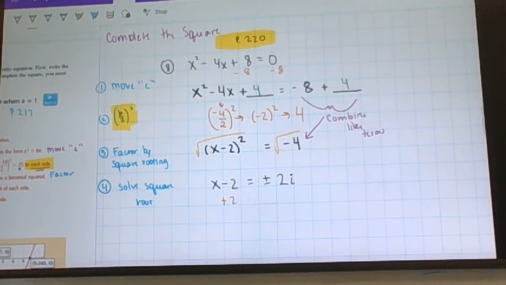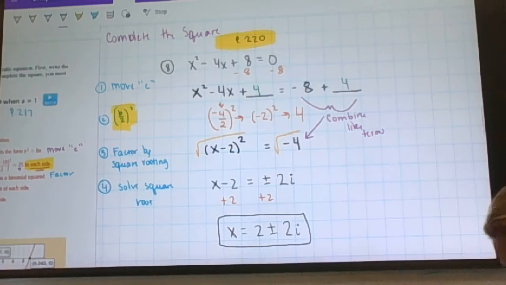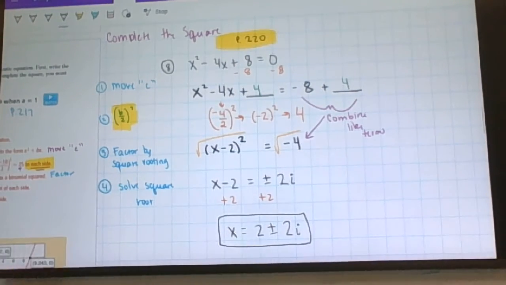Last step to getting x alone. That's it. That's the whole process. That's the whole process of solving an equation that cannot be factored.